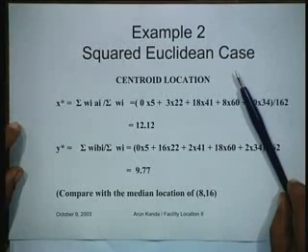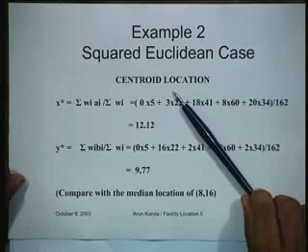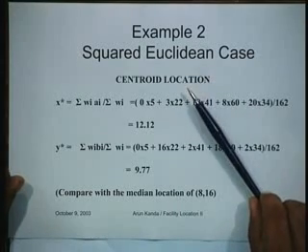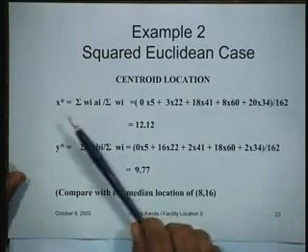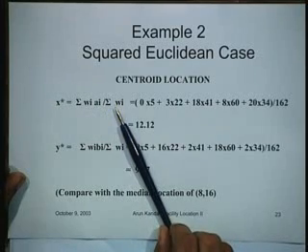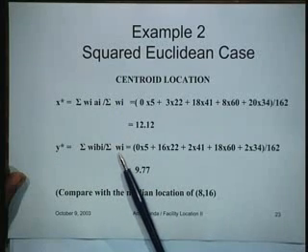For the squared Euclidean problem, the optimum location is in fact a centroid location. This can be proved very easily. So the centroid location for this problem is simply x star equals summation wi ai divided by summation wi, and y star equals summation wi bi divided by summation wi.